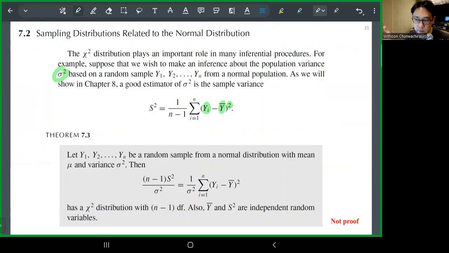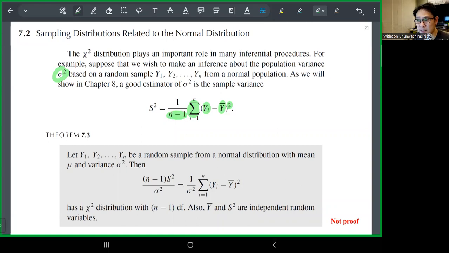But if you want to estimate sigma squared, the population variance, there is another one that is actually pretty good: Y minus Y bar, the whole thing squared, and you sum them up. But instead of dividing by n, you divide by n minus 1. You remember this one?